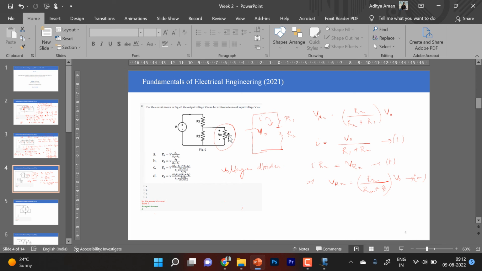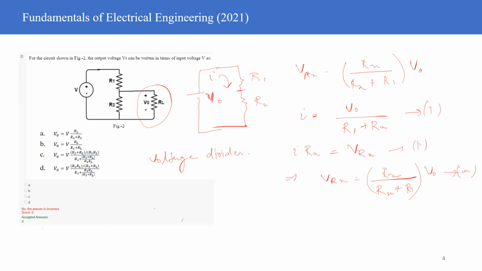So I can write Rx to be equal to R2 parallel with RL, correct? And the potential across RL is going to be the same as the potential across R2, because both are in parallel, right?